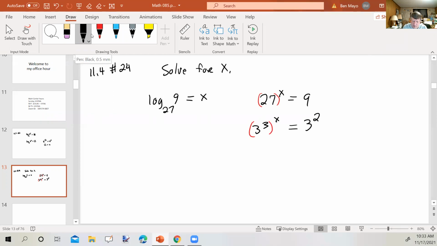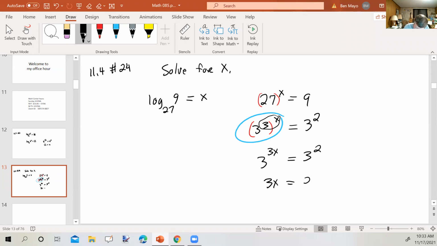We're not quite there yet. But now look at this. We have a power raised to a power. So 3 to the 3 power to the x power, we'd multiply the exponents and we'd get 3 to the 3x power equals 3 squared. So now we have an equation with the same base.